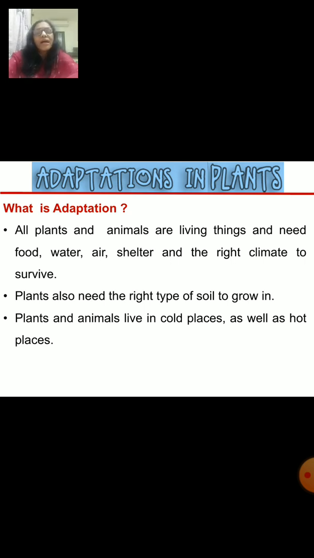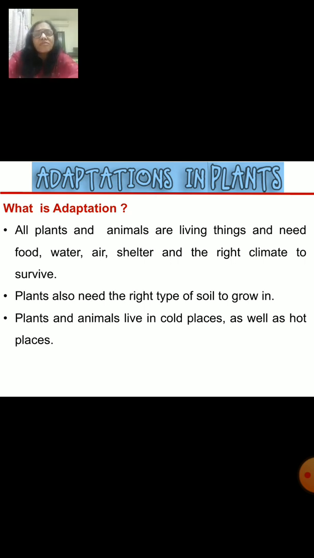Yes, plants and animals live in cold places as well as hot places. I told you, everywhere on the earth there are different kinds of places. Some are hot, some are cold, and in all the places you will find many plants and many animals, but they are different from each other. You will see that the plants growing in the hot region are different from the plants growing in the cold region.